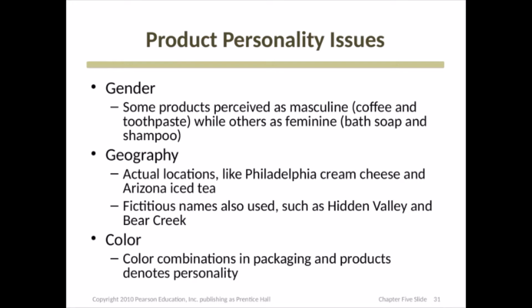Sometimes the personification of some products is related to geography. قولوا حاجة تانية: القهوة التركي، الشاي السيلاني، what else؟ وعلى فكرة مش لازم تكون من المنشأ، يعني فيلادلفيا كريم تشيز مثلا مش من فيلادلفيا ولا حاجة يعني.